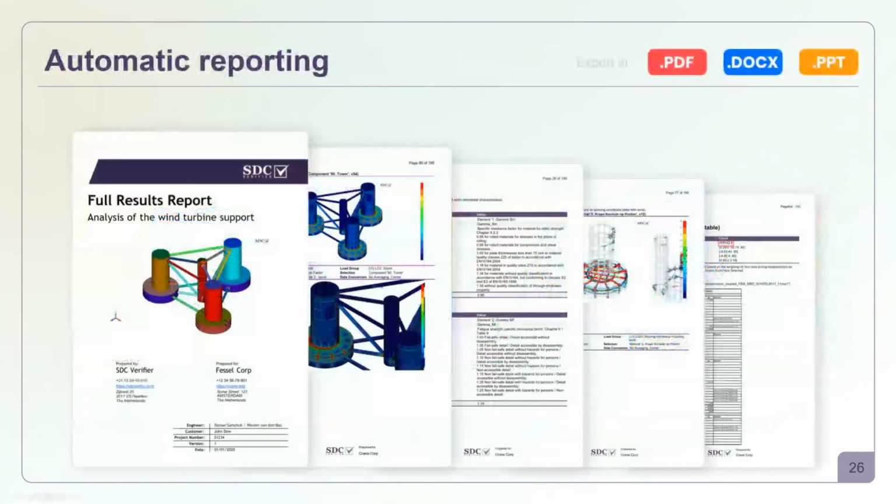After you are done with calculations and all the checks are performed, you can use another tool of SDC, which is the automatic reporting. As the name says, you can create automatic reports without a lot of work. Currently we have a few templates that you can use. For example, we have a template for the model setup report.